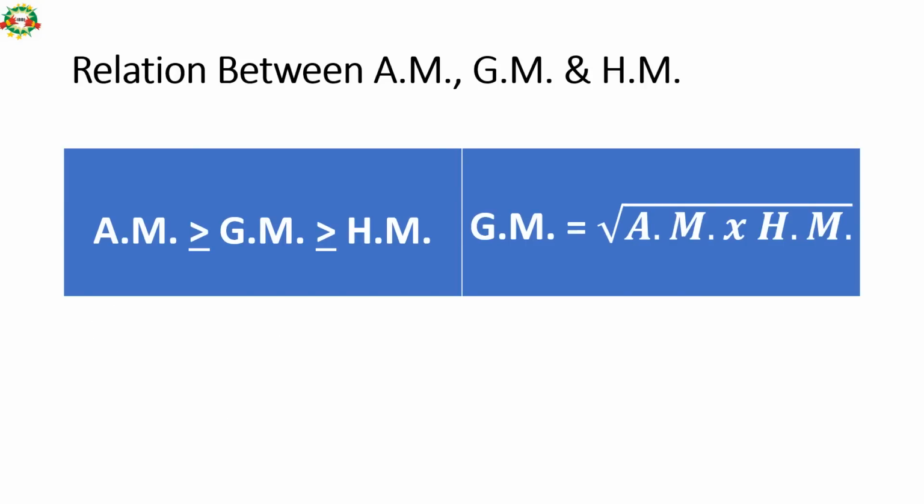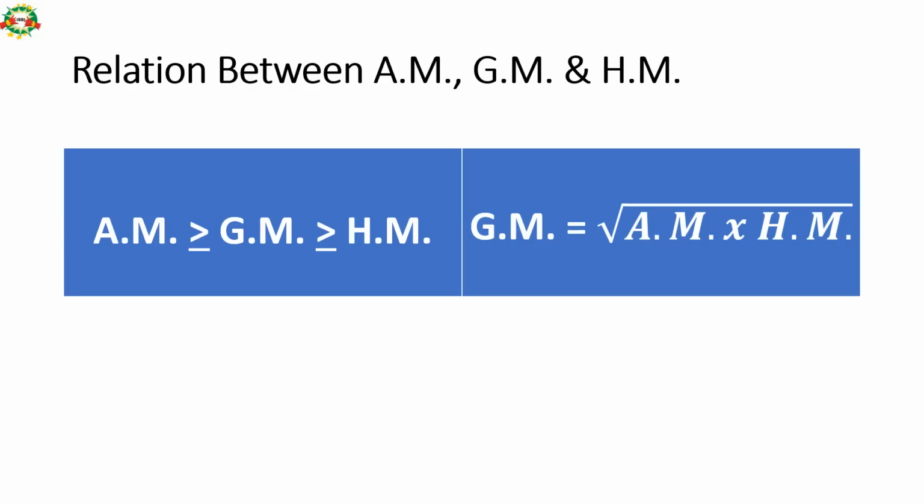So now this is also important. You should always remember the relation between AM, GM and HM. Sometimes you may be given AM and HM, and the examiner may ask for GM, geometric mean. Any two values might be given by the examiner, and it may ask for the third.